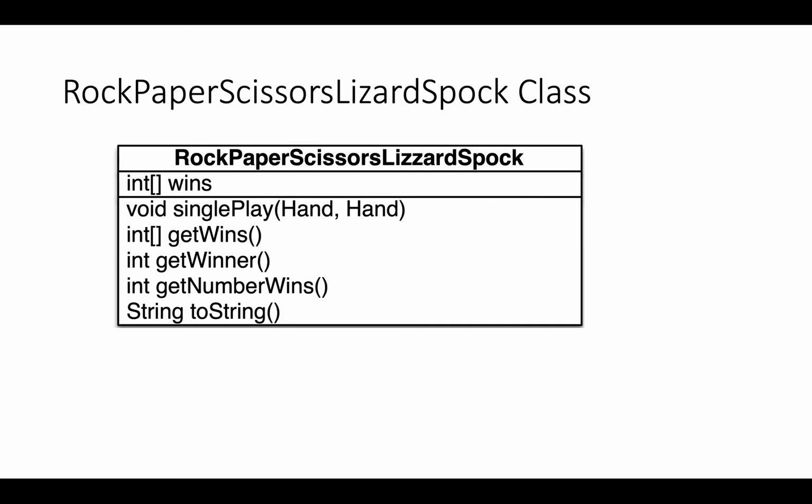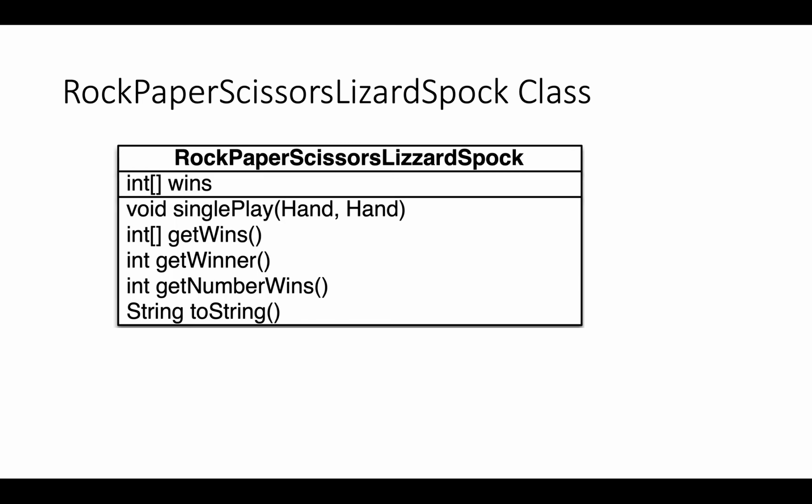Our class, we're going to call it RockPaperScissorsLizardSpock, and its simplified UML class diagram looks like this. We're going to have a single array of ints, which are going to be the wins, and the idea there is that index 0 is going to be for player 0, and then player 1 will be tallied in the second index, which is index 1. The methods that we're going to write are, well, the main one is this single play where we pass it 2 hands.